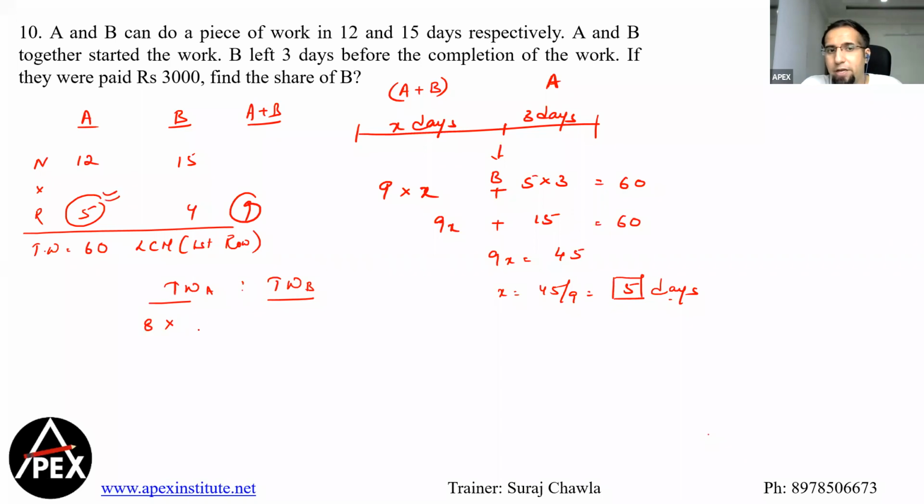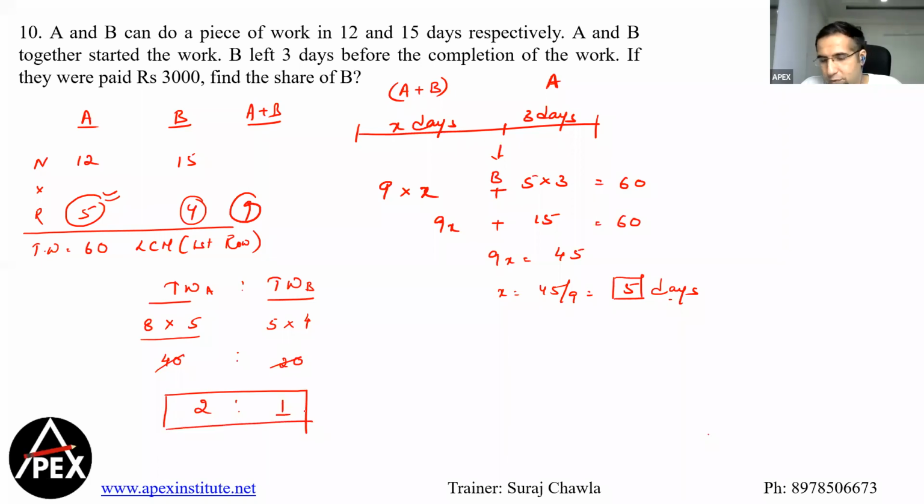Each day A completed 5 units. That means total work done by A is 40 units. B worked for only 5 days and each day B completed 4 units. So total work done by B is 20 units, which means the money will be shared in the ratio of 2:1. Is this point clear with all of us?